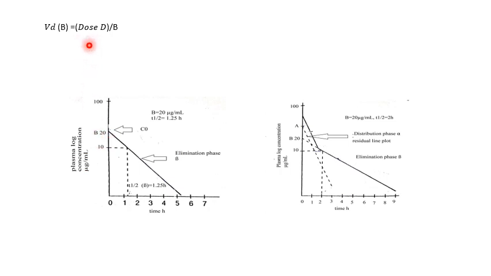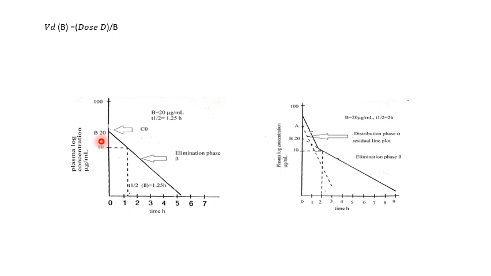Now the unit of volume is liter, and the amount of the drug present inside the body is usually calculated in terms of micrograms, milligrams or grams. And B is the zero time intercept. So these are the units. Now let us calculate the units of volume of distribution.